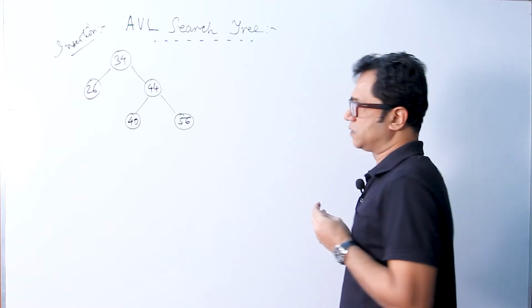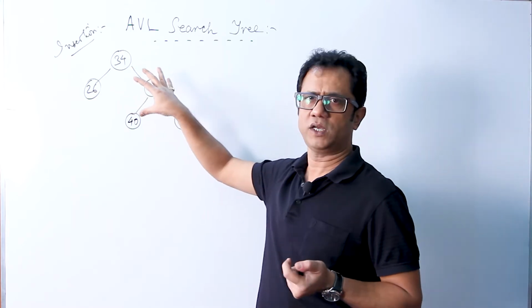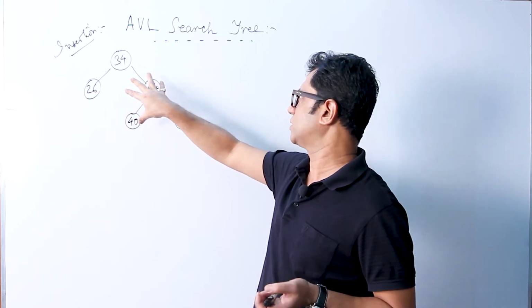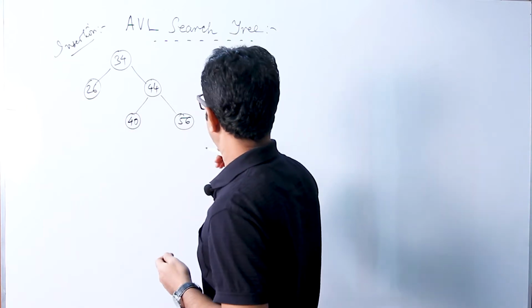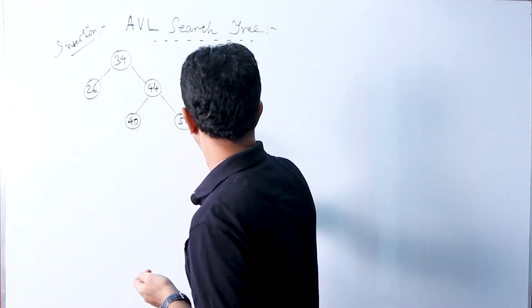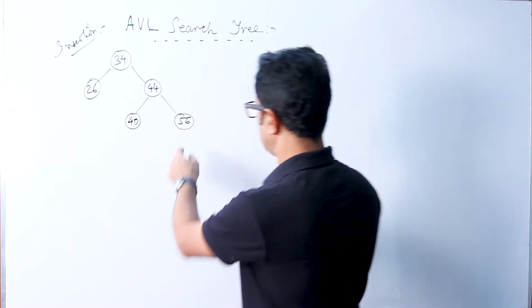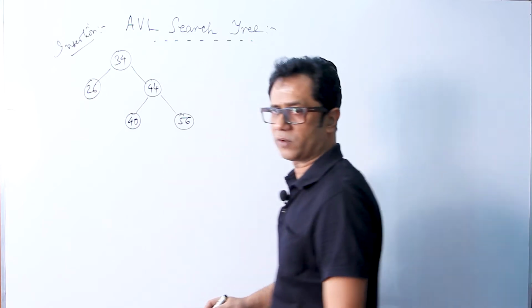Let us examine whether the balance factors of all the nodes in this AVL search tree conform to the permissible values of the balance factors permitted in an AVL search tree. Let me calculate those balance factors and show them to you. The balance factor of this node is definitely 0 because it has no left subtree and right subtree, so the heights of the left and right subtrees are both 0.